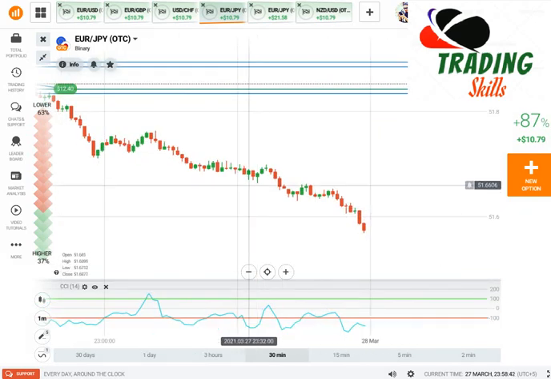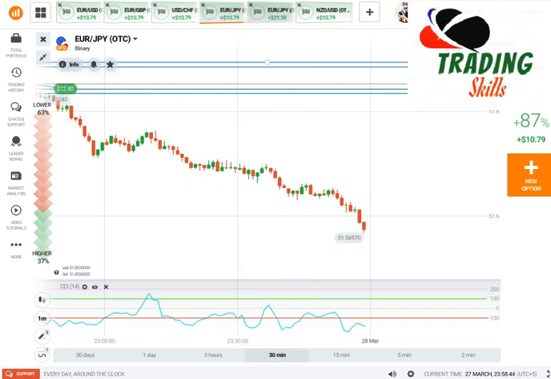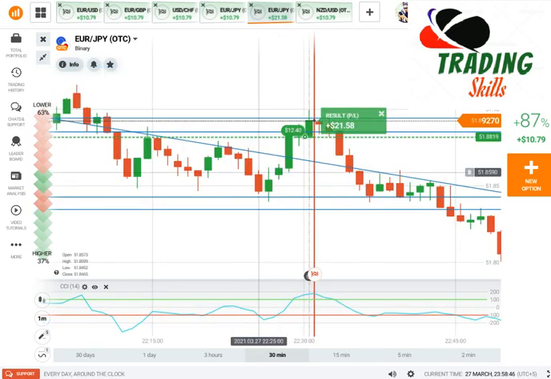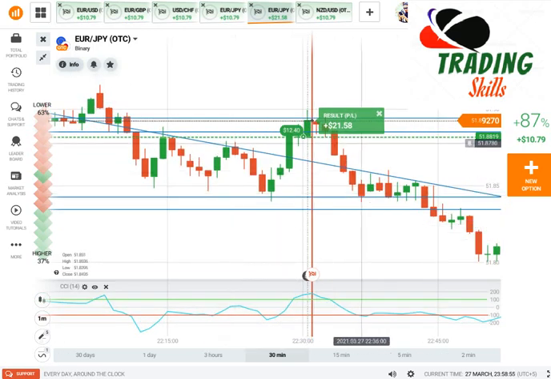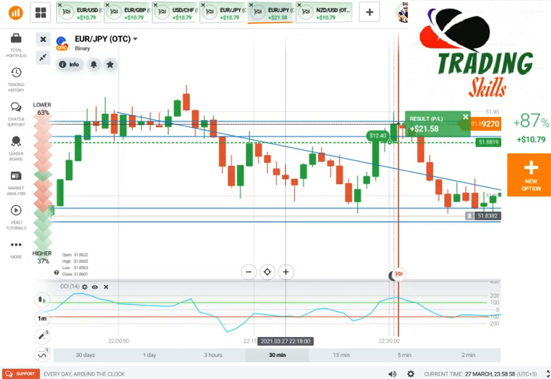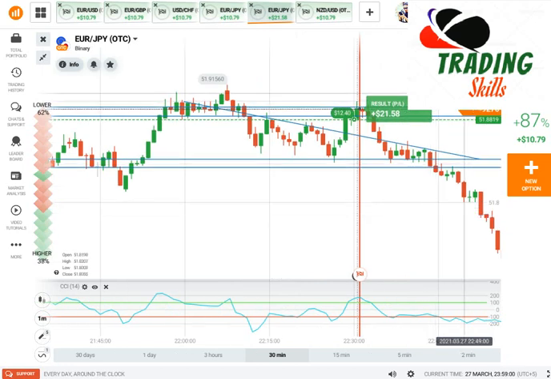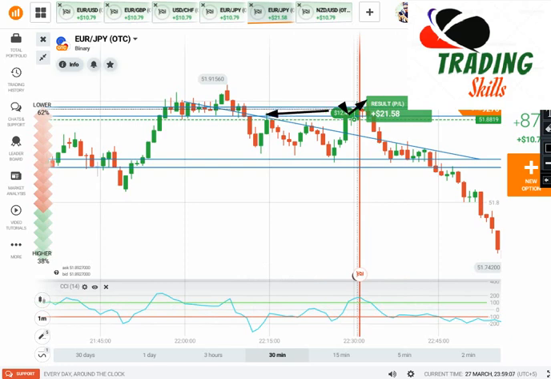Okay, let me show you here. I took my trade here in an up direction. Why? Let me show you why I took my trade here. We need to check the levels or SNR. You can see there was a gap to the level, and this is a support, resistance, support, resistance, support, resistance, support, resistance.